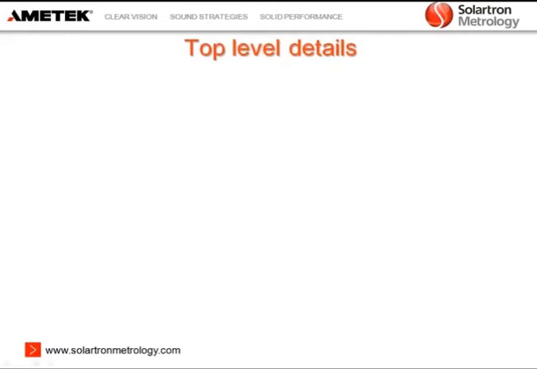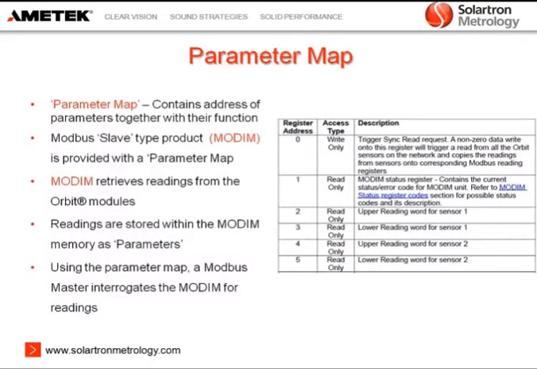So let me give you some top-level details of the Modbus protocol, Modbus RTU, which is the Remote Terminal Unit. So please remember, the readings are actually stored inside MODIM first, and the parameter map is used by the PC or a PLC to interrogate MODIM to get those readings back from it.